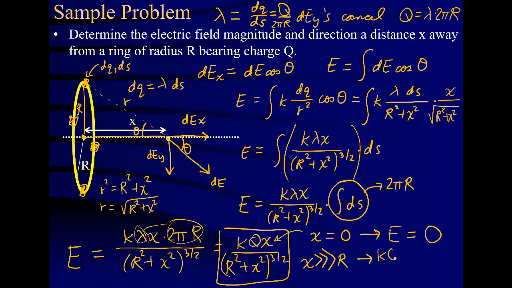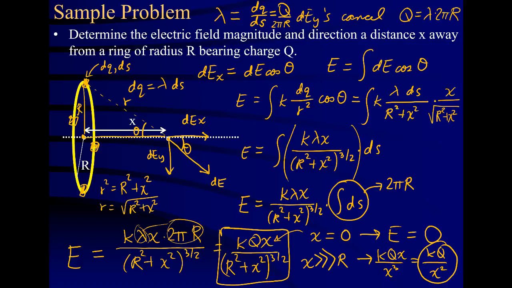So we get kQx over x cubed, which is kQ over x squared. So this is the expression for a point particle. So in other words, if you envision that you're holding up this ring, think about an actual ring, and then you run a mile away. The ring looks like a point because it's so far away. So this is one way that we can check our electric field expressions to make sure that we're coming up with reasonable answers.